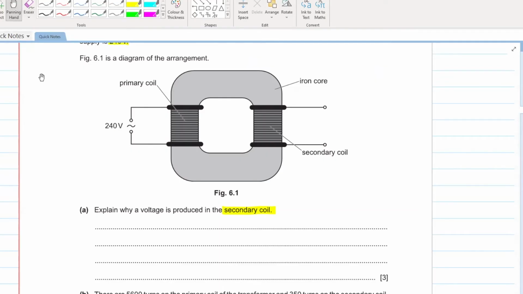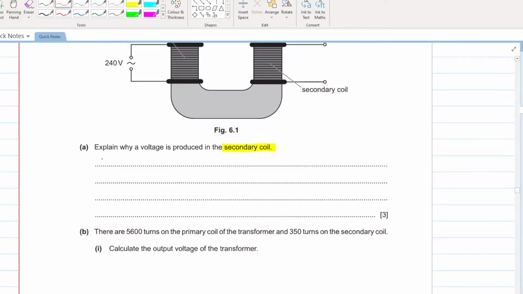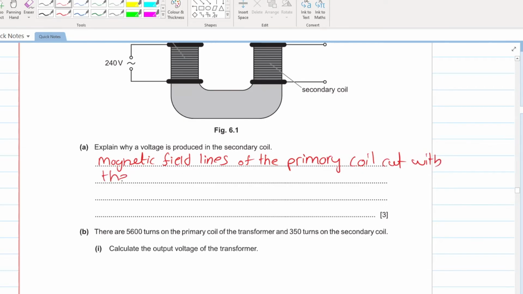What will you say? Explain why a voltage is produced in the secondary coil. The magnetic field lines of the primary coil cut with the secondary coil.